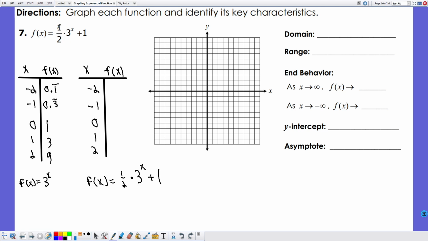We're stretching or compressing the graph by 1/2 and going up 1 on the y-axis. So how can we really figure out what's going on? I think it's a little bit easier to start out with the whole numbers, like 9, for instance.